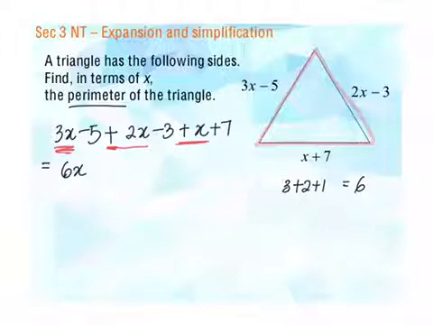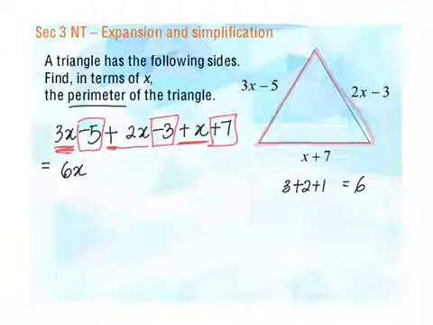Next, we'll look at the numbers without the x. I will have negative 5, negative 3, positive 7. So this is actually the number minus 5, minus 3, plus 7. And what will we have? We will have minus 5 minus 3 plus 7.